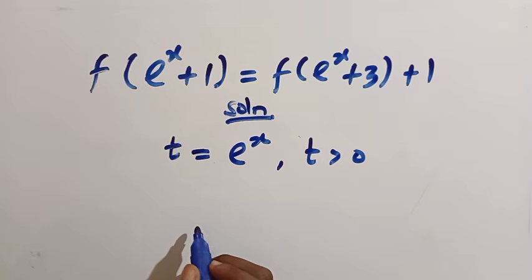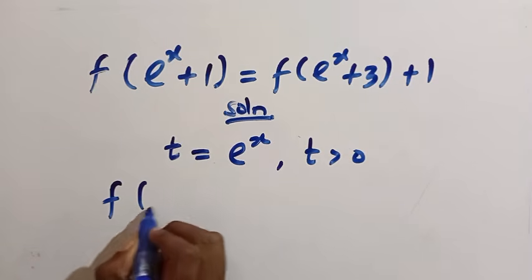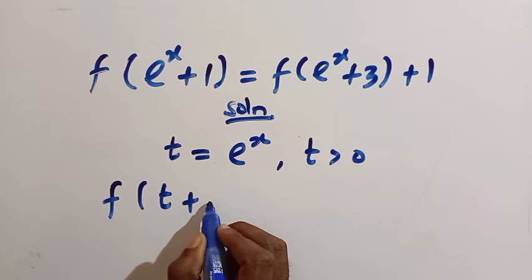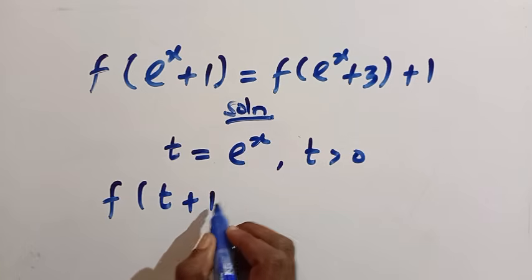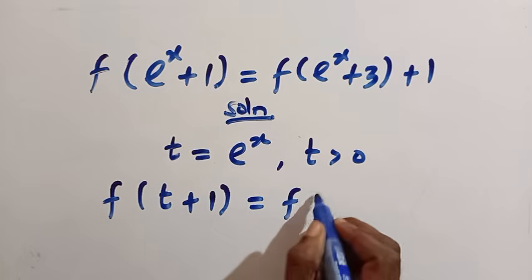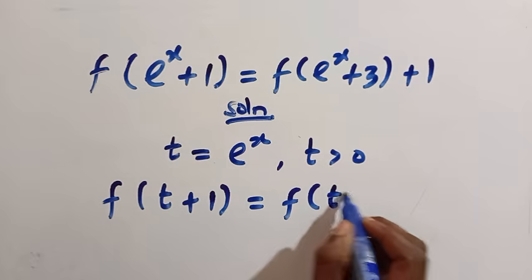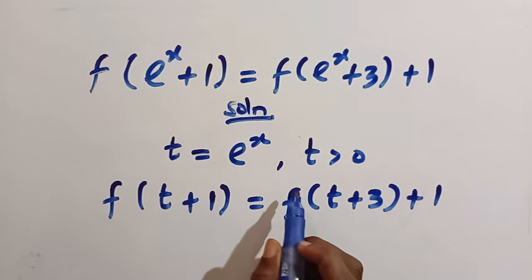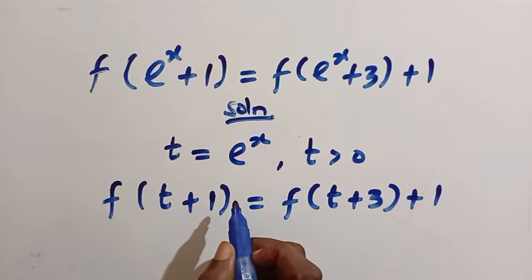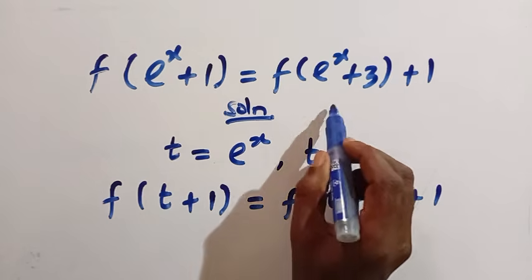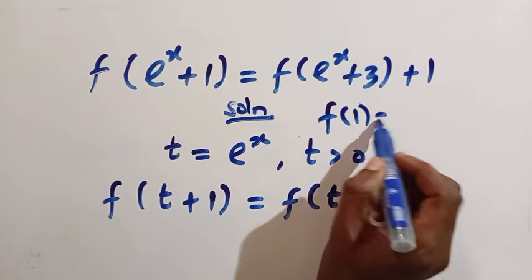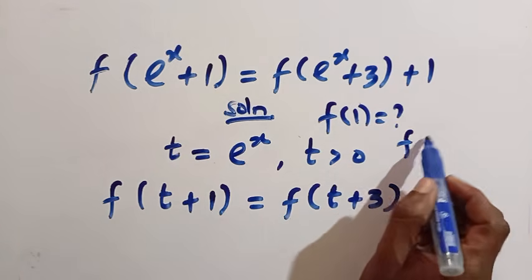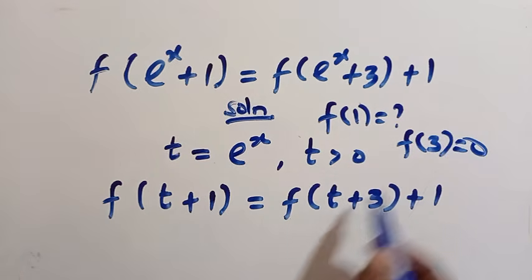Then we can replace this as f of t plus 1 equals f of t plus 3, plus 1. Note that we want to find f of 1 if f of 3 equals 0. So this is what we need.